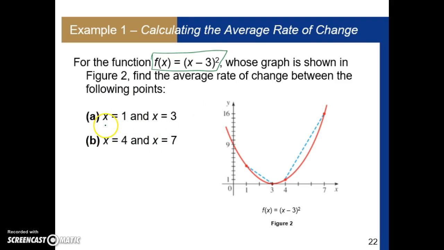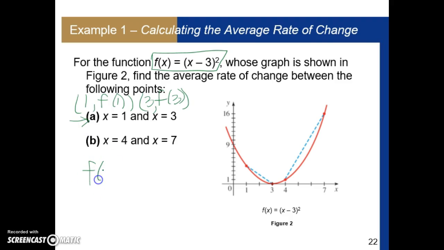So here we have f of 1 and 1. We also have f of 3 and 3. So there's the 2 data points that we want to find the rate of change through.